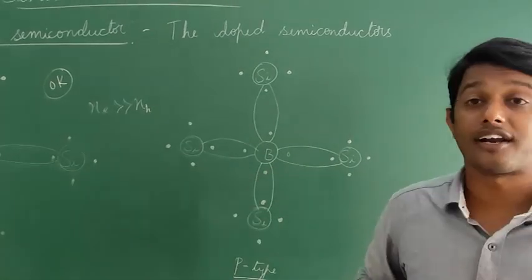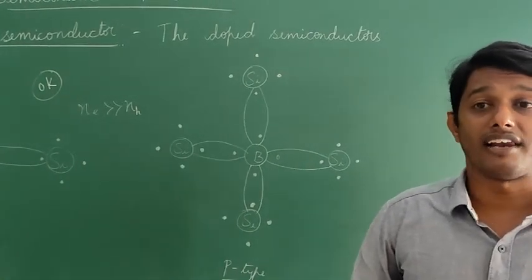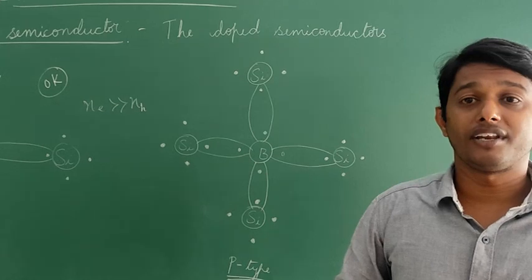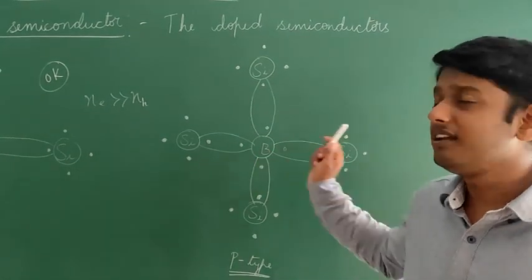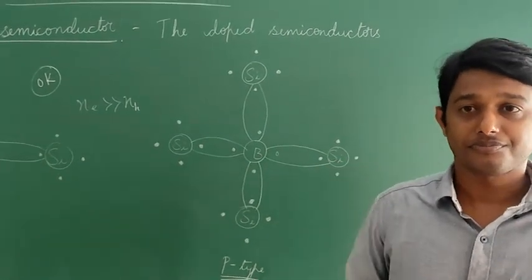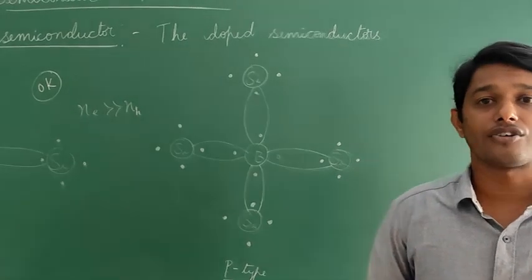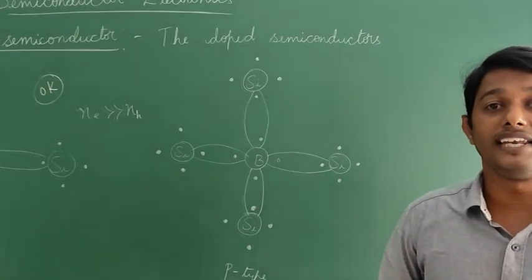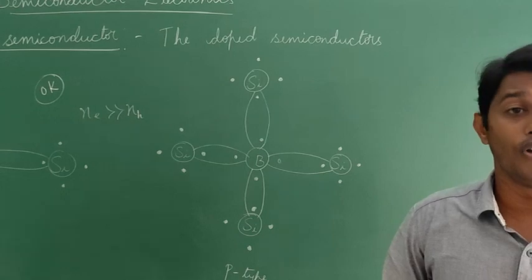So 3 valence electrons will be present in trivalent impurity like aluminium or boron. I have taken boron here. The 3 valence electrons form covalent bonds with the neighboring atoms, leaving a hole here.